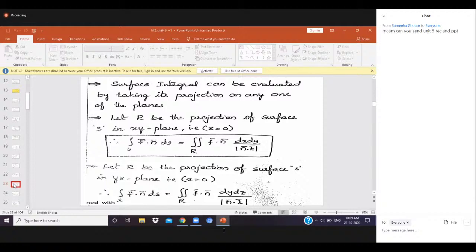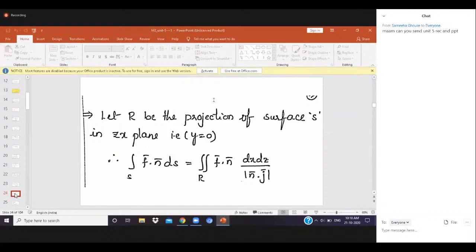So the formula is converted into integral S f bar dot n bar dS equals double integral over R of f bar dot n bar dx dy by modulus of n bar dot k bar. Similarly, if it is in the yz plane, the integral is double integral over R of f bar dot n bar dy dz by modulus of n bar dot i bar.